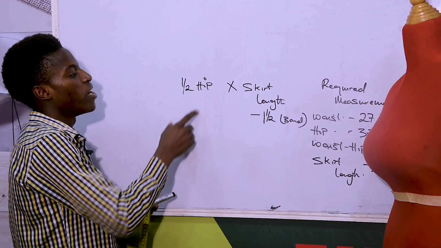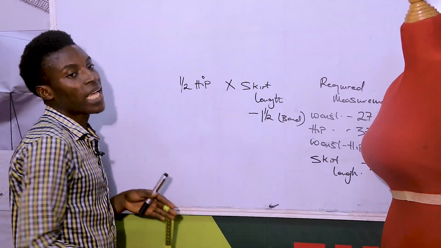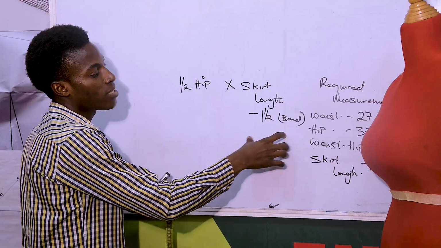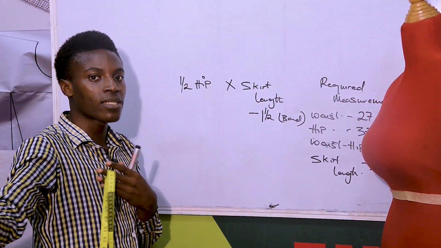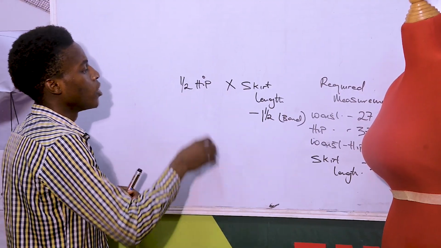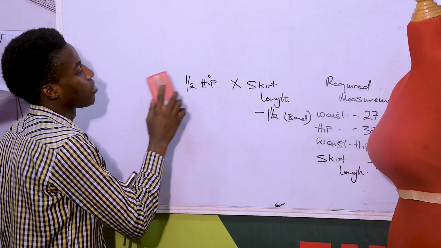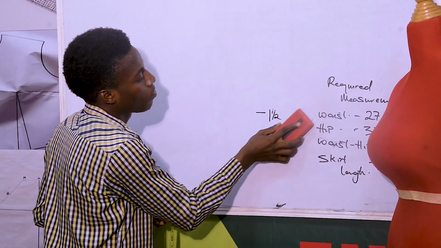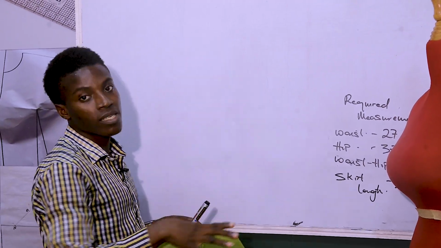So half of the hip measurement is going to be the width, by the skirt length, subtracting your 1.5 inches for band height, because the band is an external piece introduced into the skirt length. Are we together? So now, half of our hip by the skirt length minus 1.5 for band height.